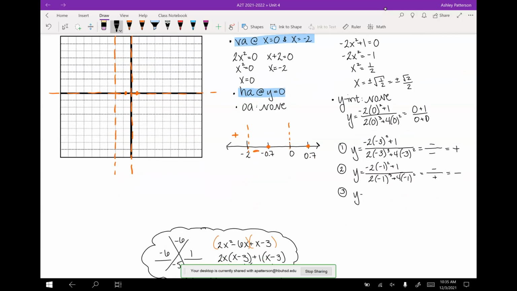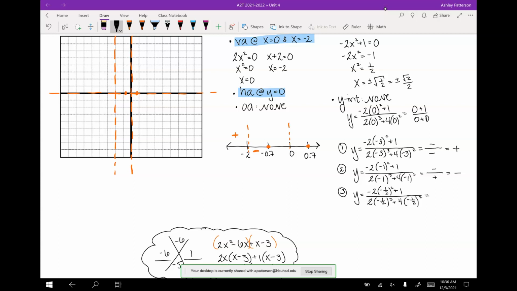So y is equal to -2, and I'm going to use a fraction, so -1/2 squared plus 1 over... all right, in the numerator, is it positive or negative?